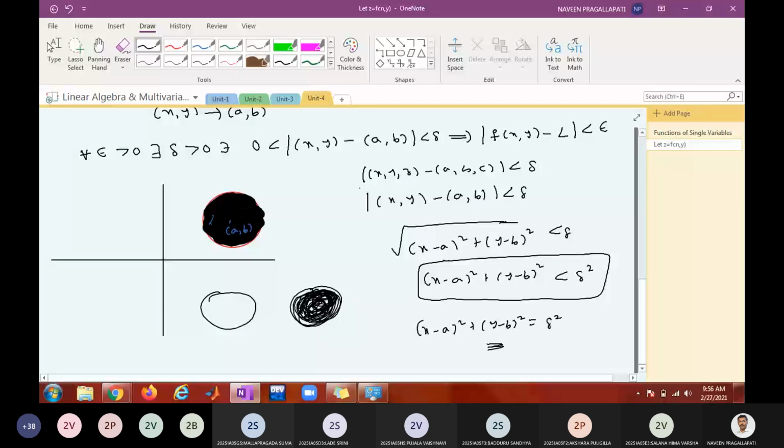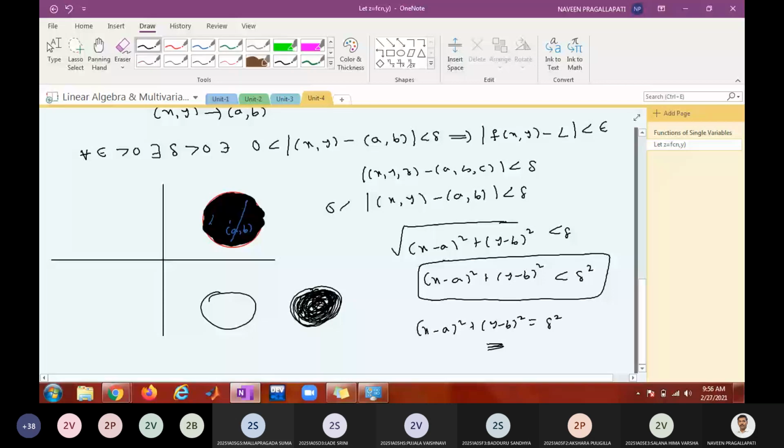Is that okay? So then what do you mean by 0 less than? Deleted neighborhood means that from the circular disk, remove the center. Because for the existence of a limit, the function need not be defined at a. You know that.